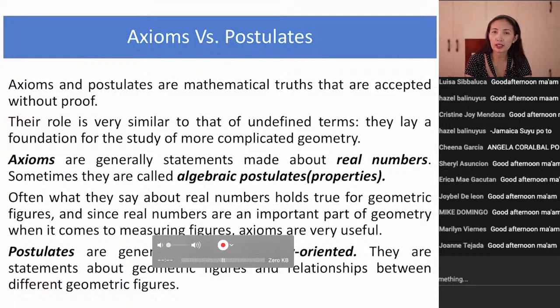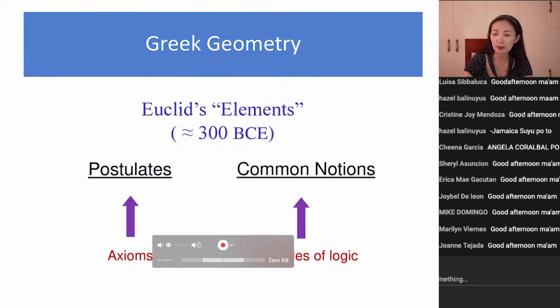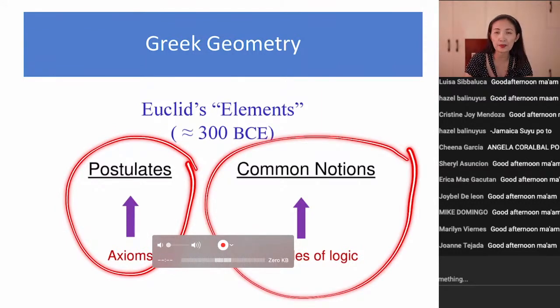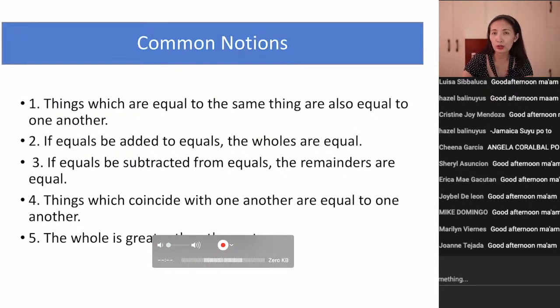Sometimes they call it common notions, postulates and common notions. Euclid's work rather contains both postulates and common notions. I think we made mention of this last time. Okay, once again, the common notions are the following. Things which are equal to the same thing are equal to one another.